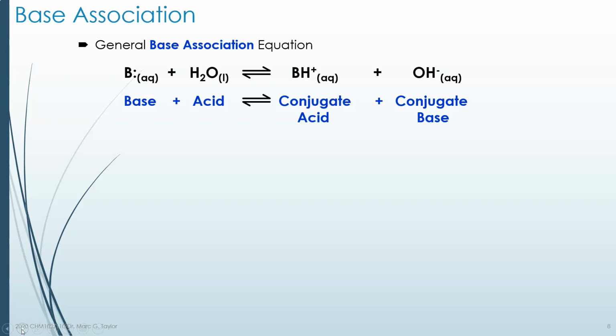So you take away an H, you take away a plus, and you're left with OH and a minus sign, hydroxide, a strong base. Again, these are equilibrium reactions. They can go back and forth unless the base is a strong base, in which case this will only go forward and will not go backwards.